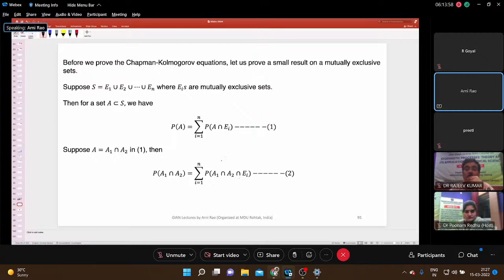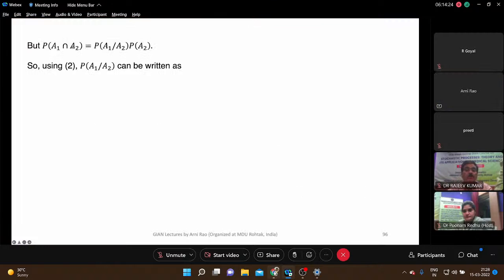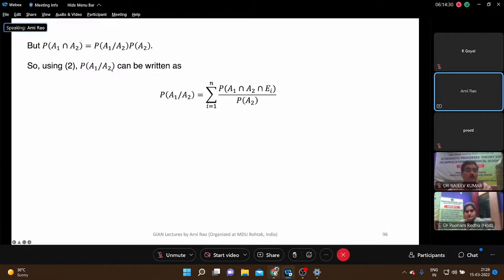Suppose you take A equal to the intersection of these two, a new set, you can write A1 intersection A2. Now conditional probability: in any two sets, probability of A1 intersection A2 is nothing but probability of A1 given A2 multiplied by probability of A2. So using that, in the previous slide, A1 intersection A2, we already wrote that probability of A1 given A2 is probability of A1 intersection A2 by probability of A2.